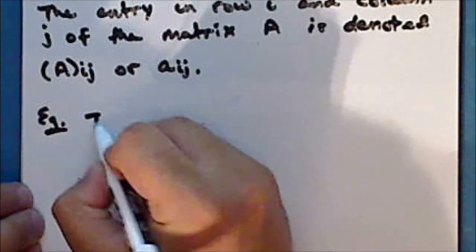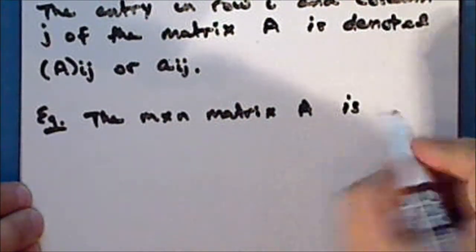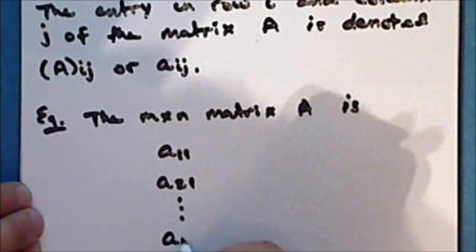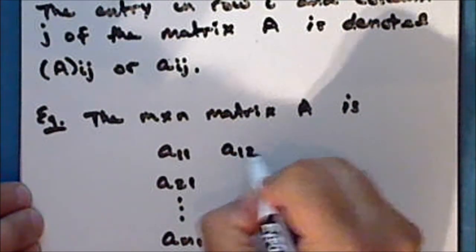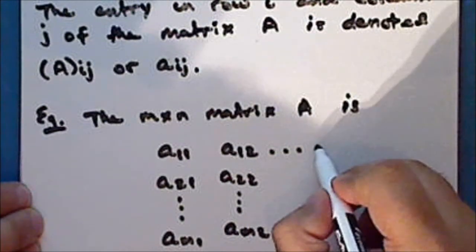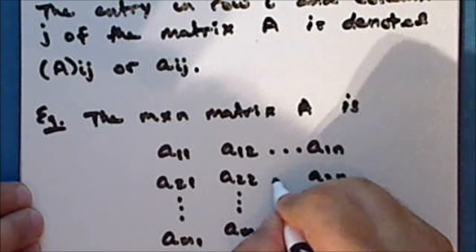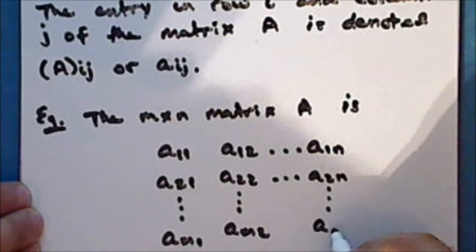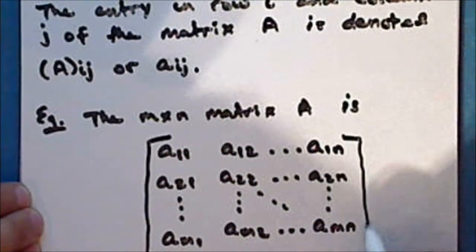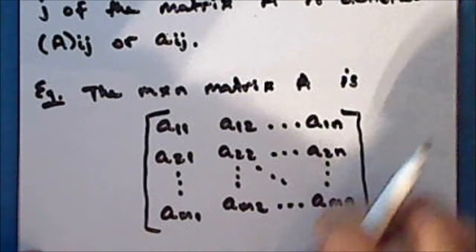So for example, the M by N matrix A is denoted like this. This matrix has M rows and N columns.